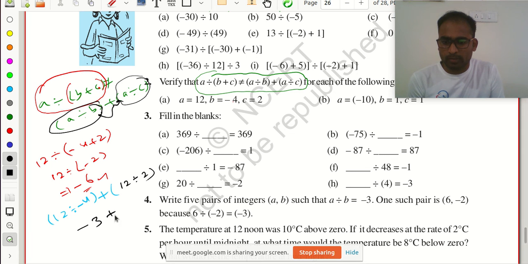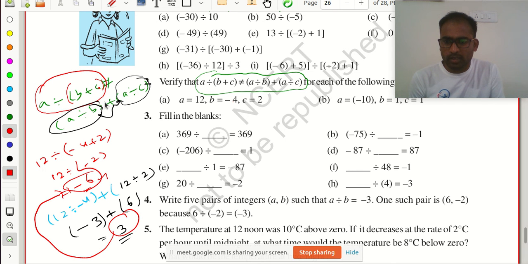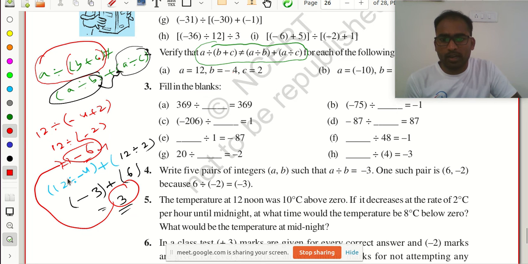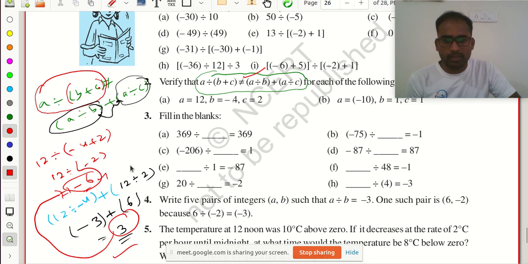Minus 3, plus 6. How much here? 3 is the answer. So now, this 3 and this 6, are these both equal? Not equal. He already mentioned here not equal, so this is true. You solve this as homework.